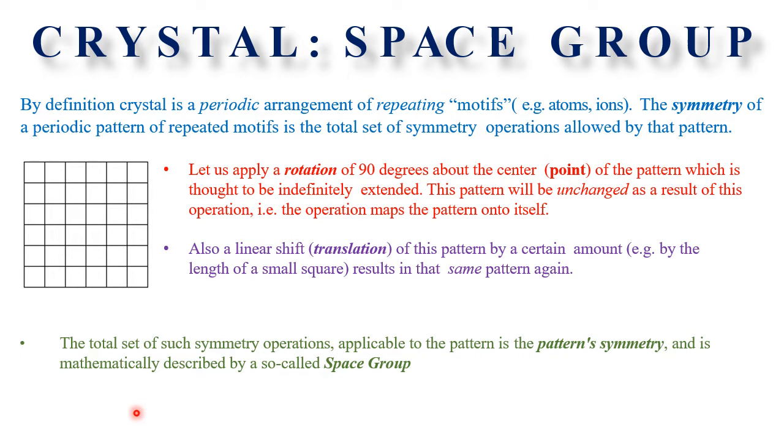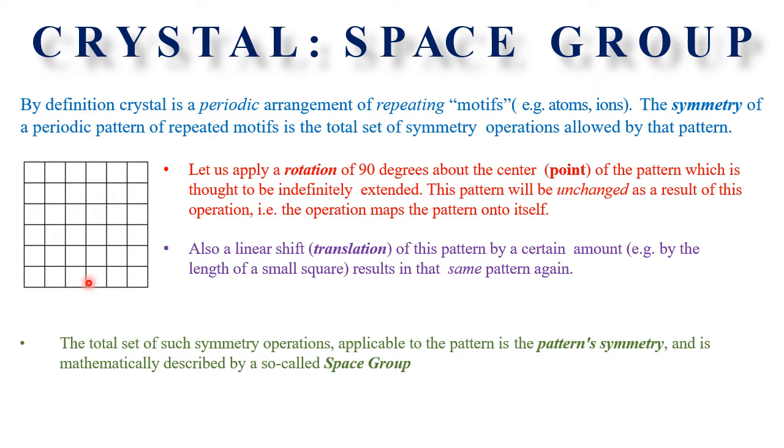So what is a space group? By the definition of a crystal, a periodic arrangement of repeating motifs, for example ions or atoms, creates the space group. The symmetry of a periodic pattern of repeated motifs is the total set of symmetry operations that is allowed by the pattern. Let us now rotate 90° about the center or point of a pattern which is thought to be indefinitely extended.